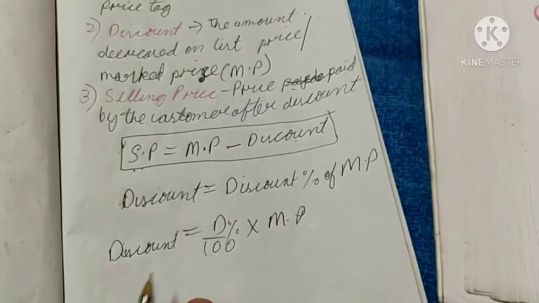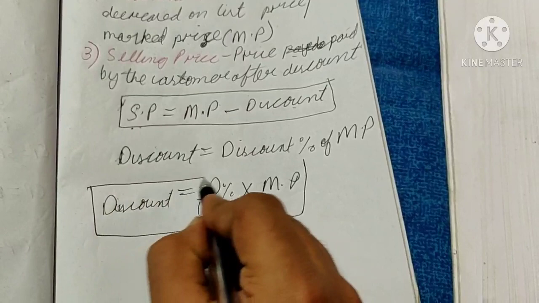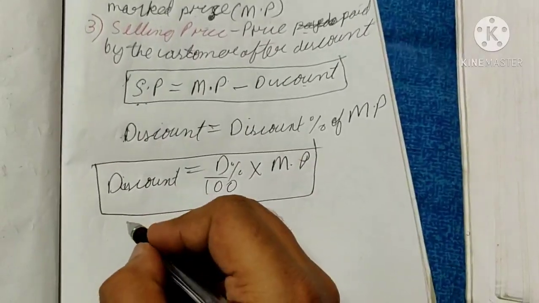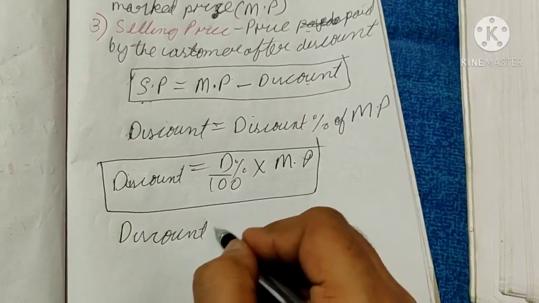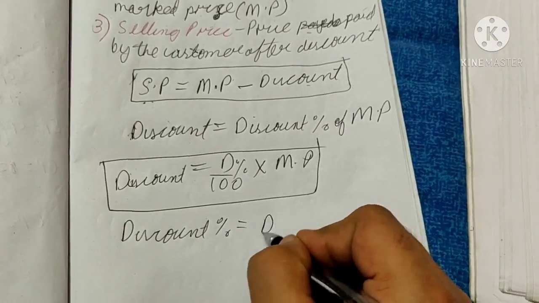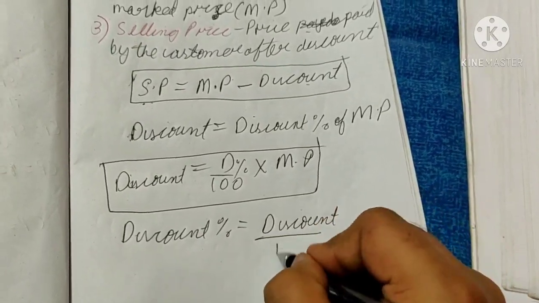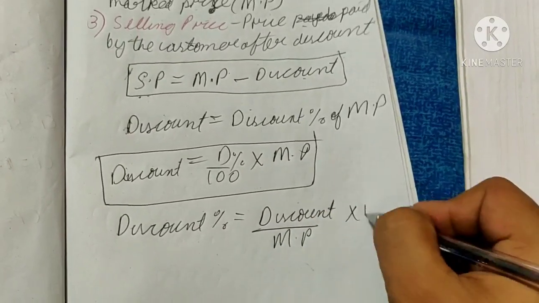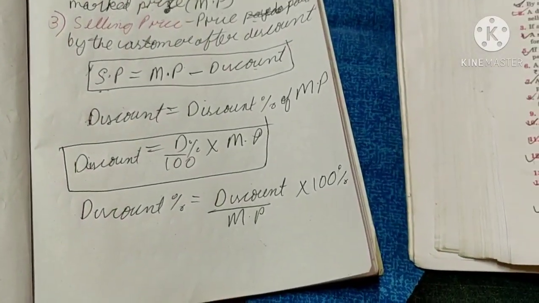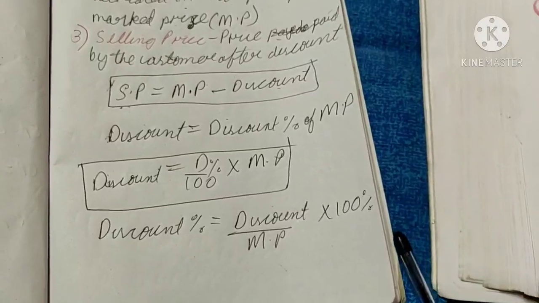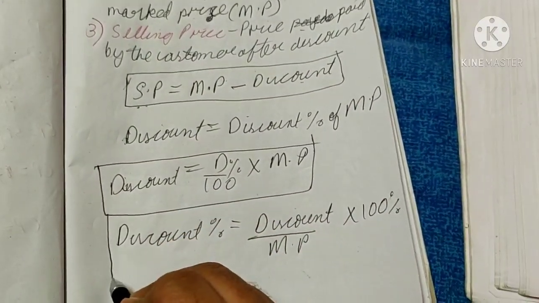So this was the second formula. Or one more thing, if we have to calculate discount percent, it is equal to discount upon MP into 100%. This is the formula for discount percent. So this was the third formula.